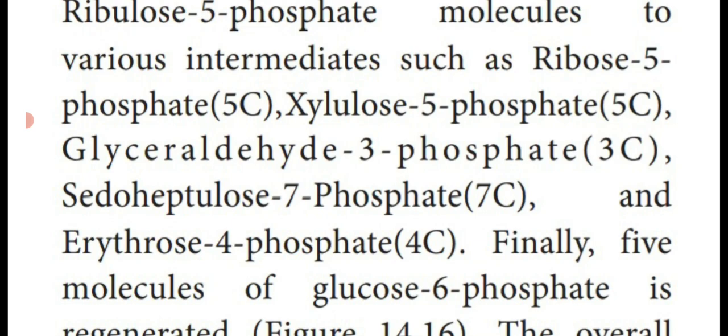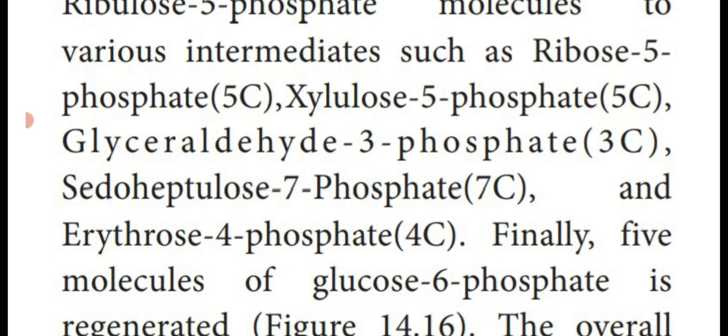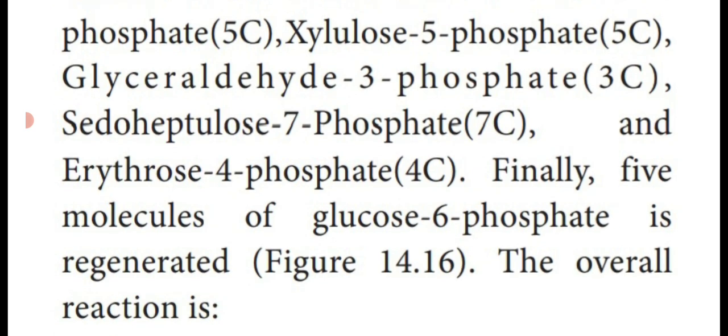So these are all the different intermediate carbon compounds: 5 carbon, 3 carbon, 7 carbon and 4 carbon. Finally, 5 molecules of glucose 6-phosphate are regenerated in this pathway.